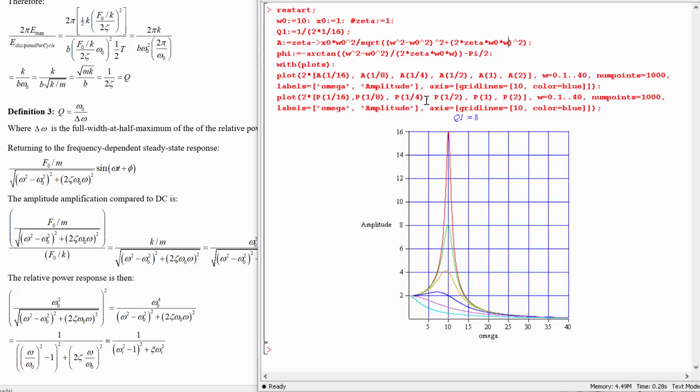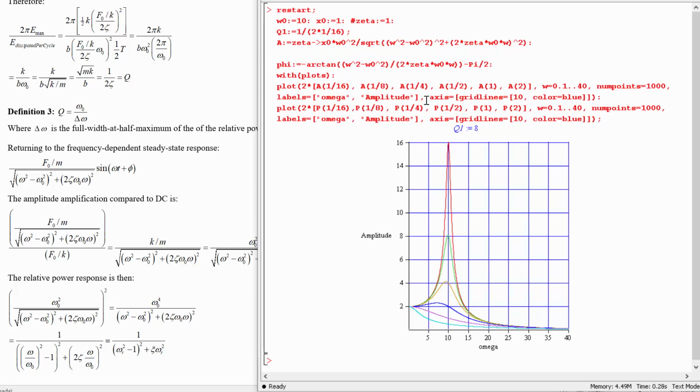And how are we going to get P? Well, we're going to say that P is a function that takes zeta and subs it into A at zeta squared. Okay, that should work. And now we should have relative power.